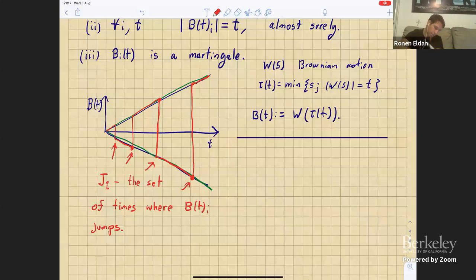And J sub i is going to be a Poisson point process with intensity 1/2t. I'll define this in a few seconds.